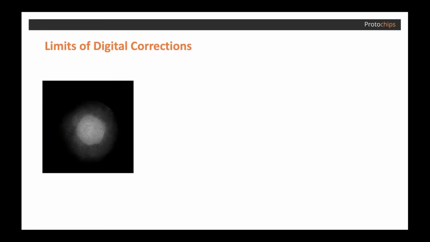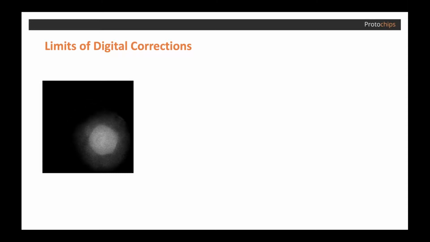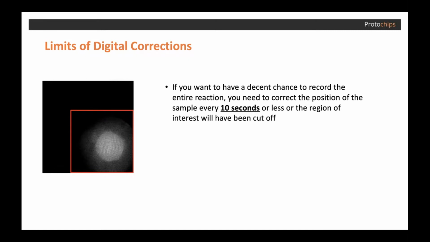As the sample drifts, my ROI shifts closer and closer to the border of the field of view until it begins to be cropped off the page, and my attempt at capturing this data is over. Capturing an image at this magnification and rate of drift, it's not easy for anybody.